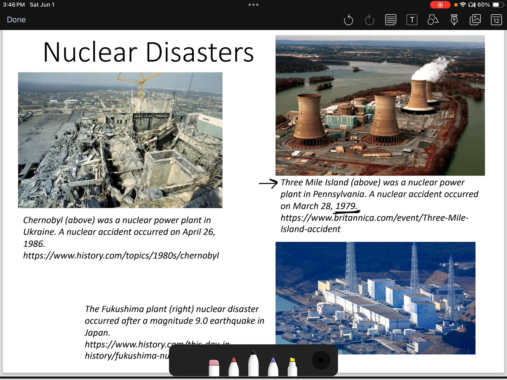Basically, what happened is a valve was mistakenly closed in the nuclear reactor, which shut off the water supply. And so the reactor was getting really, really hot. It did shut down, thankfully, but it was partially exposed because it didn't have water surrounding it.